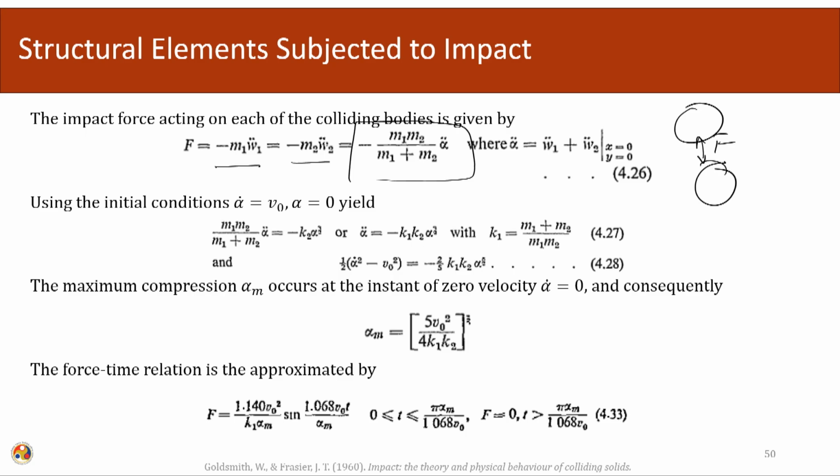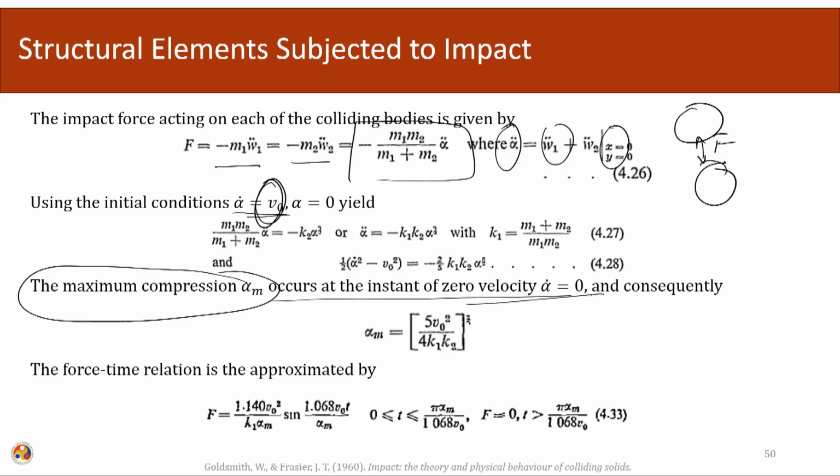This is the total acceleration of the bodies. If we use the initial condition, and the bodies are moving with an initial velocity of v naught, we can calculate the maximum compression, which occurs at the instant of zero velocity.